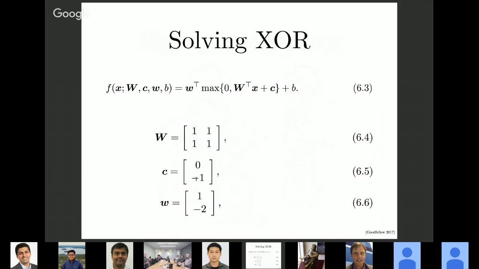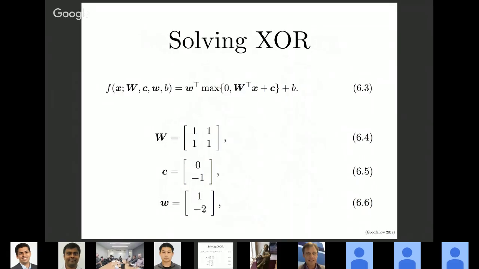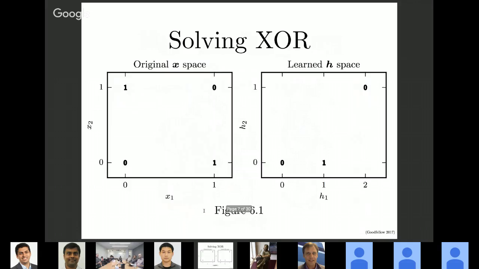It turns out that clipping that value to 0 will make it so that a linear classifier looking at these hidden unit features can actually solve the problem using weights of 1 and -2, respectively, on the output of the hidden layer. It's a little bit easier to see why if we look at a diagram that actually plots this in space. So in the original problem, we weren't able to draw a line separating the 0s and the 1s in the XOR problem.